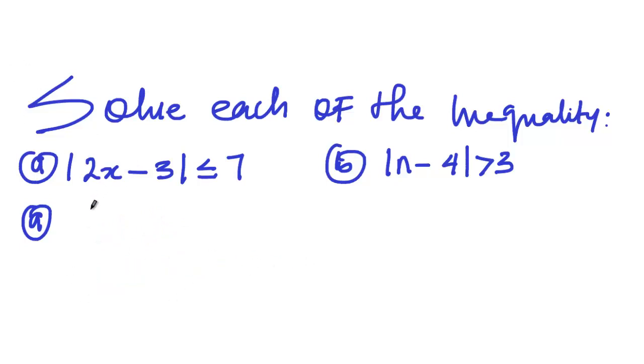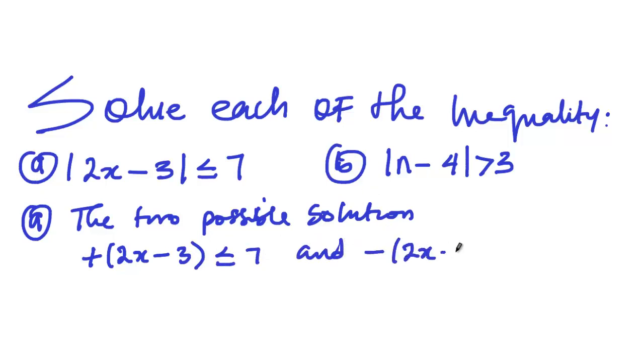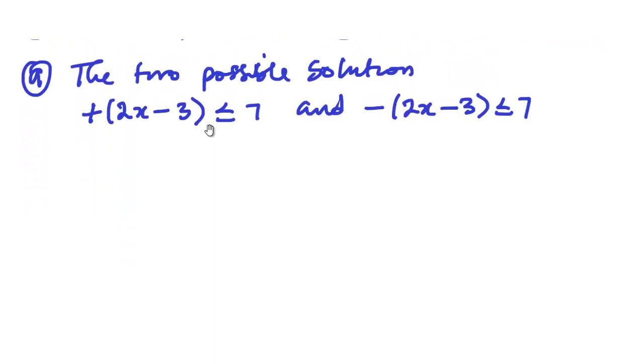So the two possible solutions are: plus into bracket 2x minus 3 is less than or equal to 7, and minus into bracket 2x minus 3 is less than or equal to 7. These are the two possible solutions we can have for this problem.